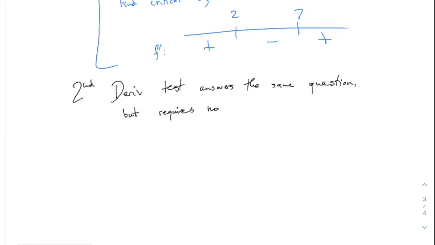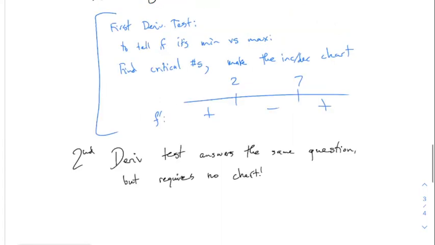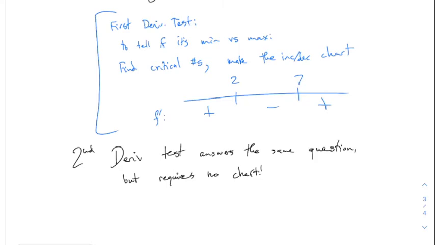What makes it a little worse is you have to use the second derivative. You have to find what the second derivative is, which you never had to do in this problem. So it's a little bit more work in one sense, a little bit less work in another. For certain functions, if it's easy to find the second derivative, you might as well use the second derivative test. If it's a pain to find the second derivative, you might as well stop with the first derivative and just do the first derivative test.